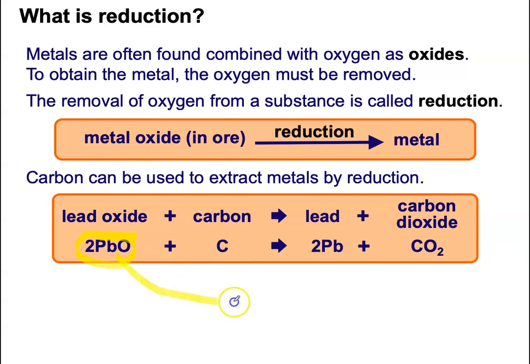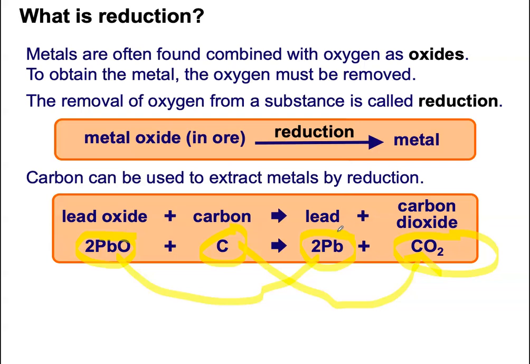It produces the lead. Lead has lost oxygen, so that is reduction. Carbon is uncombined and it forms carbon dioxide there. So carbon has gained oxygen, or carbon is oxidized, and lead oxide is reduced. This is an example of a redox reaction.